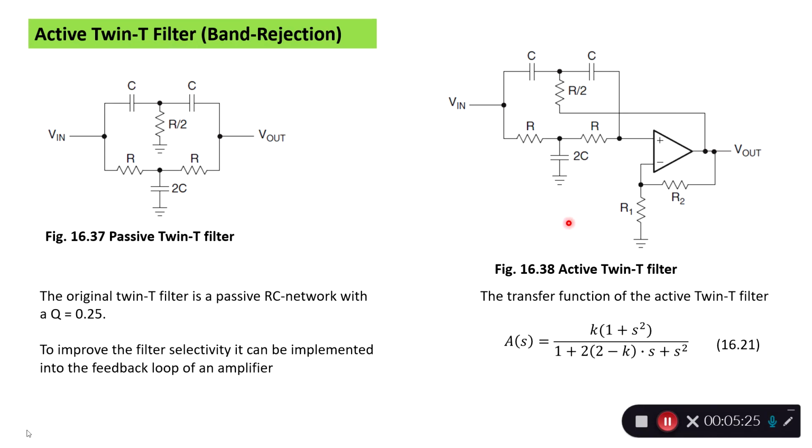So then we suddenly have an active twin T filter, and we have the possibility to increase the selectivity of it, so the Q can become higher, and we can filter out a specific band of frequencies to a higher degree, so they are attenuated more. The transfer function of this filter we can see here.